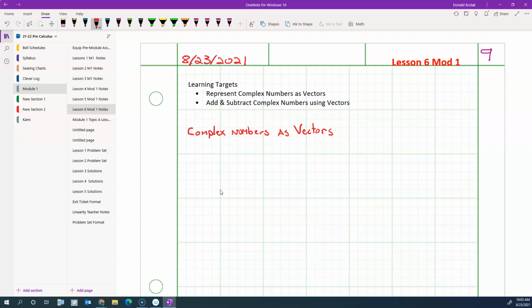Okay, here's where you need to draw yourself a little complex plane.